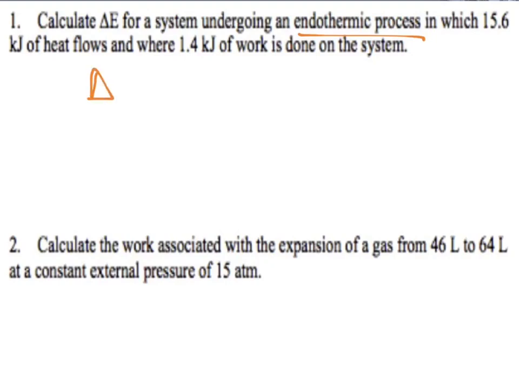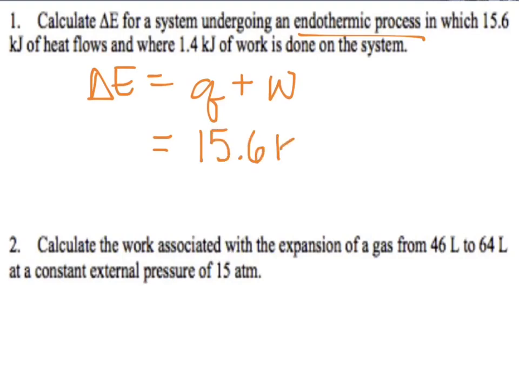So delta E is equal to Q plus W. It's endothermic, so we know it's going to be positive 15.6 kilojoules, plus work is being done on the system, so that's going to be positive, plus 1.4 kilojoules.